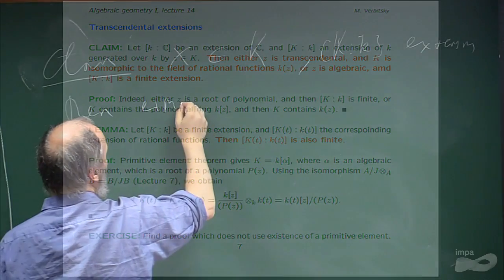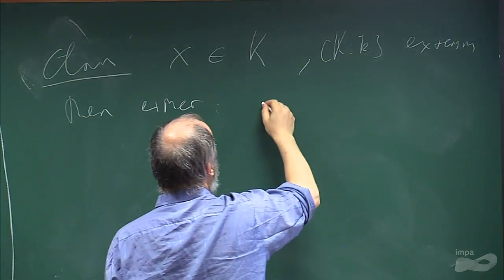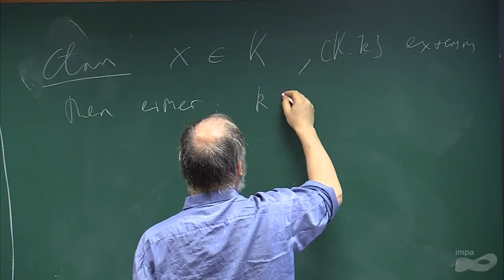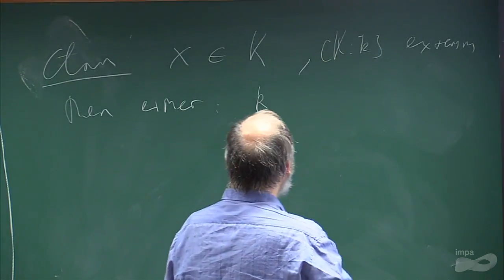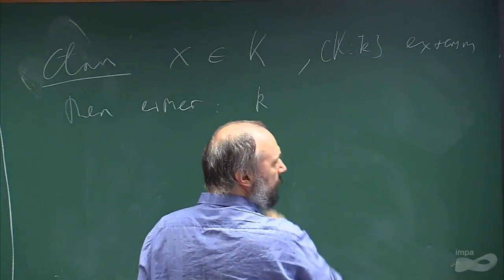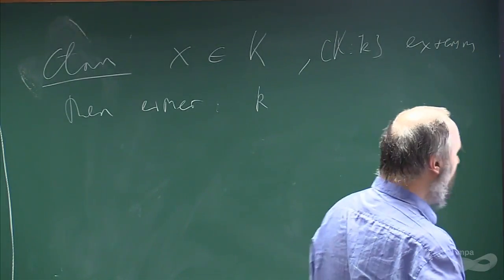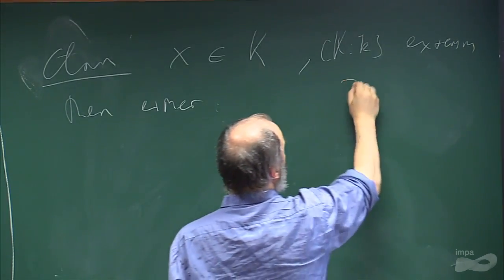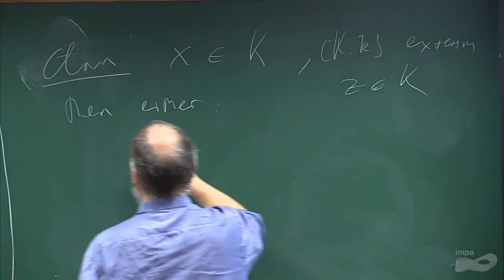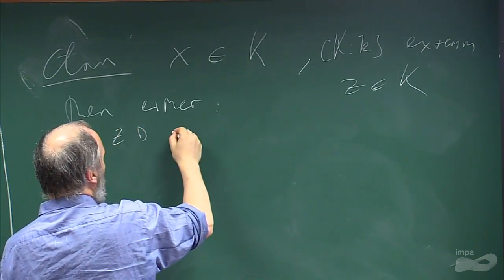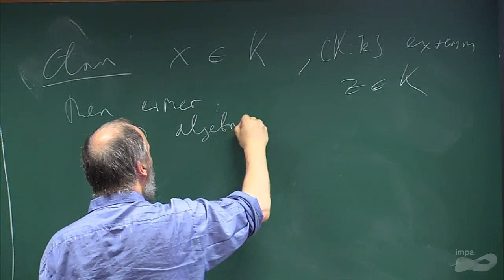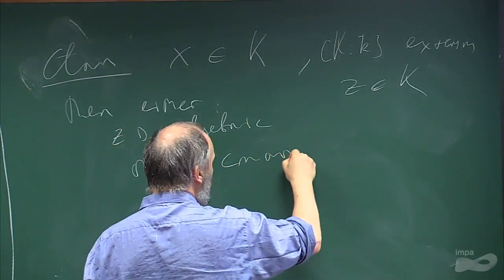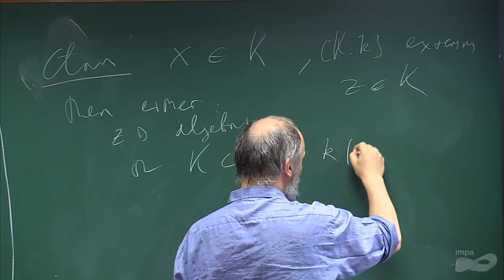either, and in fact I stated that once, I think, maybe I should use notation. Okay, K big over k small, and Z is any element. Then either Z is algebraic, or K contains the field of rational functions.